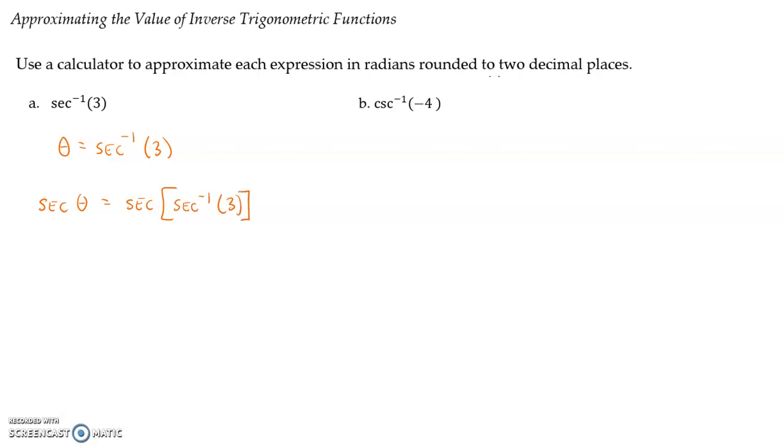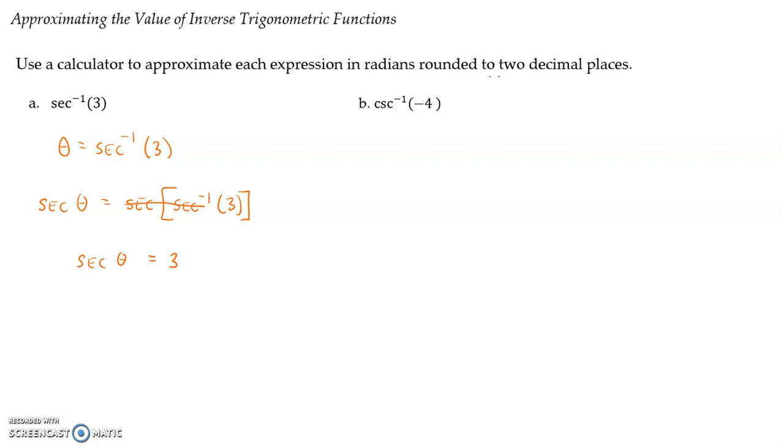And what's going to happen here on this right-hand side is the secant and the inverse secant are opposite operations. They're going to cancel each other out. And we're going to be left with secant of theta is equal to 3.